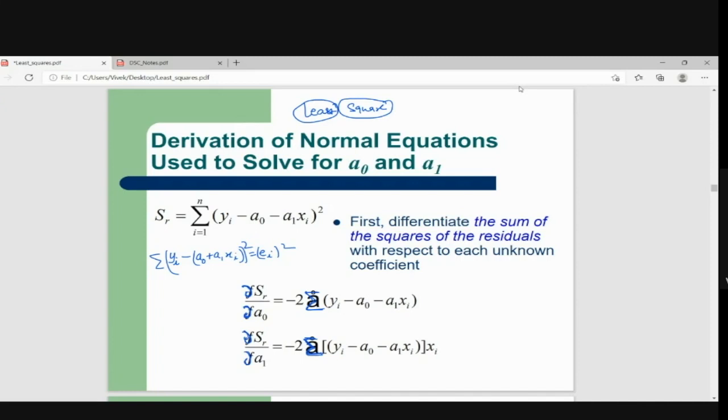I'm taking with respect to A naught, so a minus sign will come here, and this is the value. Then I am taking with respect to A1, so again minus 2, this value. Only thing is that with respect to A1, xi will come, so this is my xi. So I have taken these two values by taking the partial derivative.